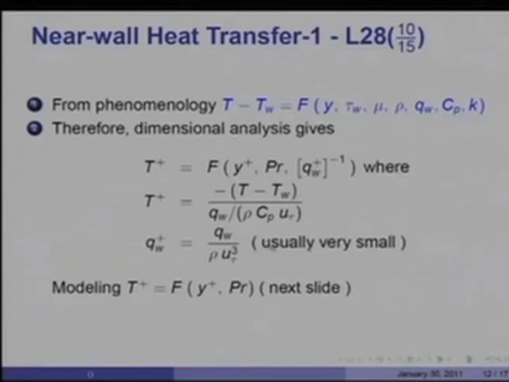The effect of that can be taken up through property variations at a later time, but therefore, this term is dropped, and we say that T plus will be a function of y plus and Prandtl only. So, let us see what form f of y plus, Prandtl will take in different layers of the inner layer.